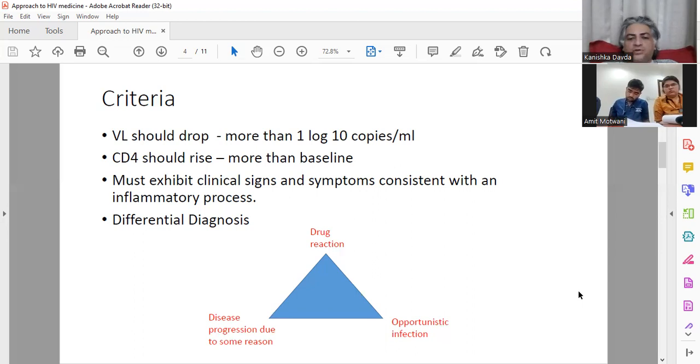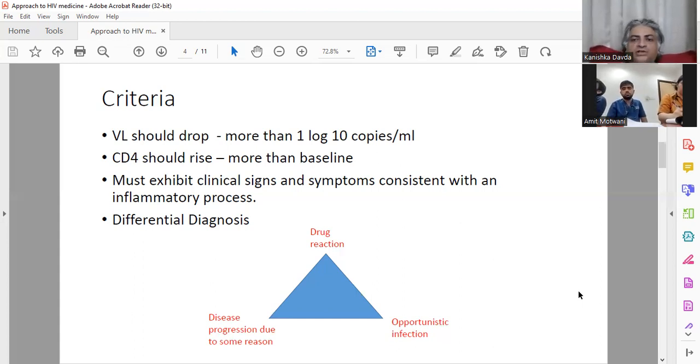So there can be disease progression, there can be another opportunistic infection, or there may be a drug toxicity. These are the three main differentials. A patient has come with a worsening clinical syndrome after you start the ART: drug reaction or toxicity, new opportunistic infection, or disease progression of the HIV itself.